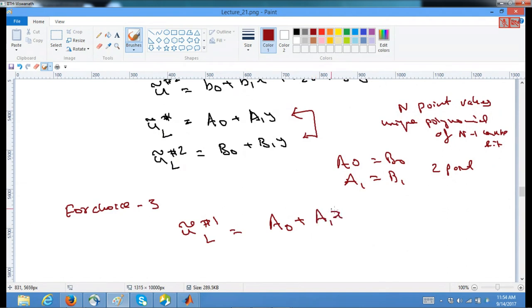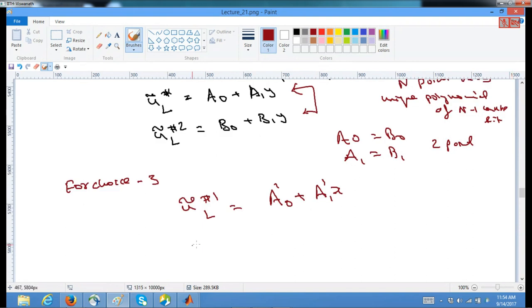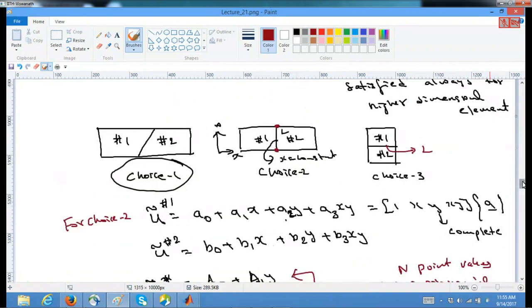Let me call these different a naughts compared to the previous a naughts. Along the element 2, along the line L, it is some b naught dash plus b1 dash x. And how many point values do I know again along this line? I know this value at this place exactly, and I know it at this place exactly. So if I know 2 points, I can fit a linear curve uniquely.